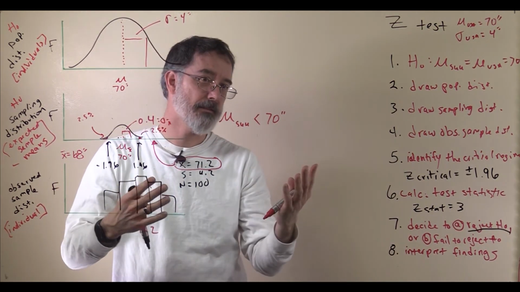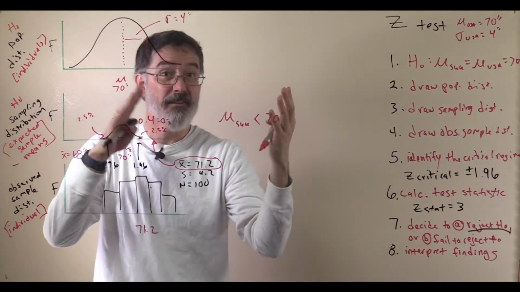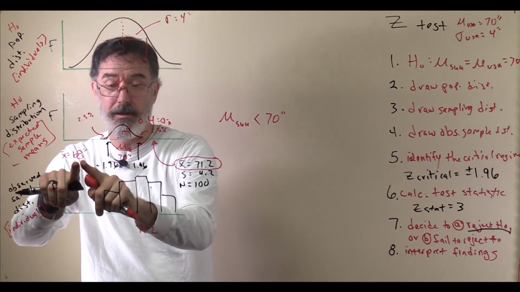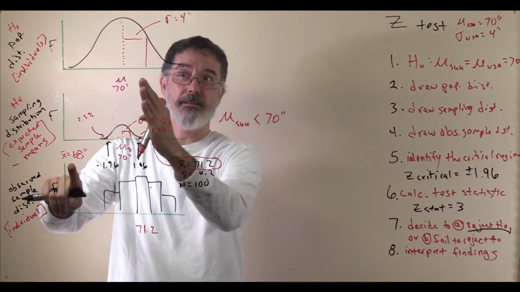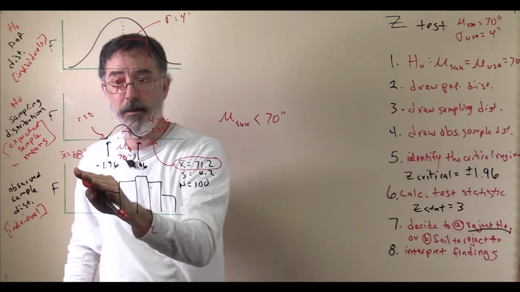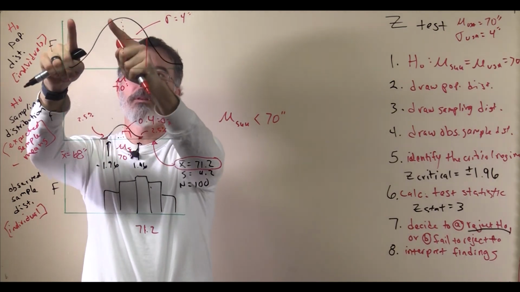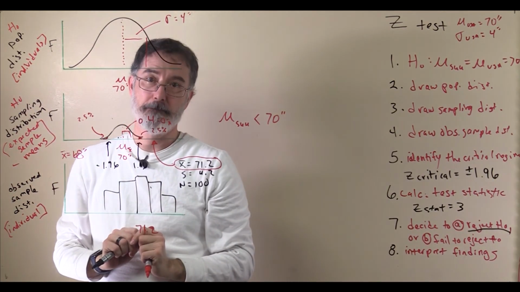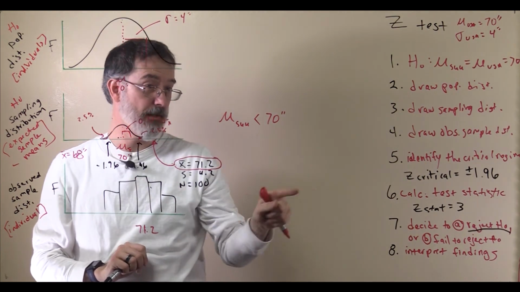So even though our research hypothesis was hoping to find that SUU men are taller, if our data ended up showing that, boy were we wrong. Not only are they not the same or taller, they appear to be shorter. They appear to be a sample that came from a population of shorter men. So that's how you'd end up interpreting these findings with significant results.